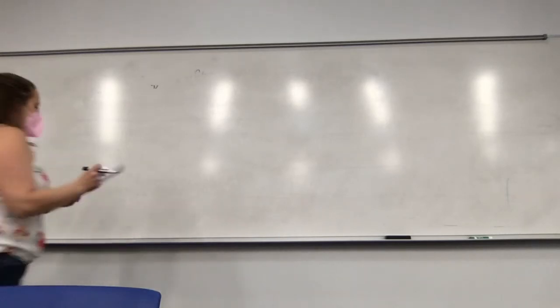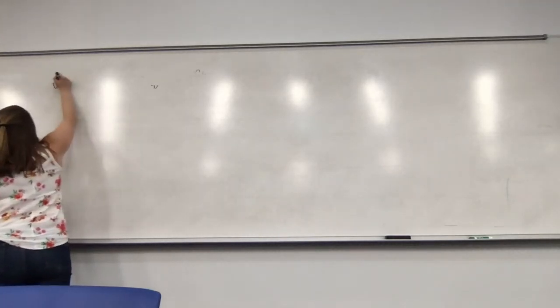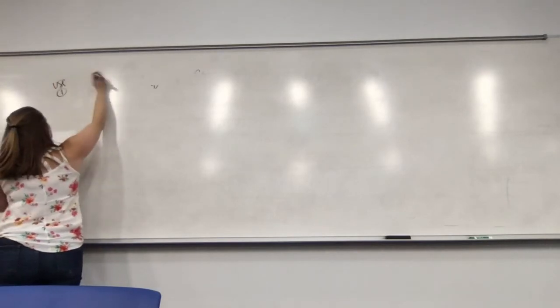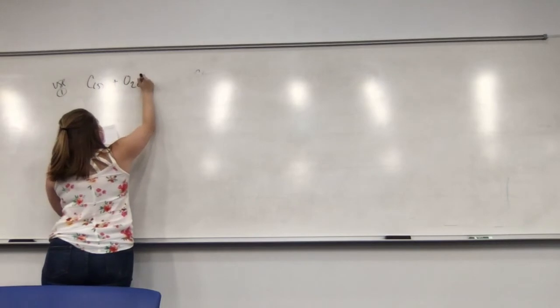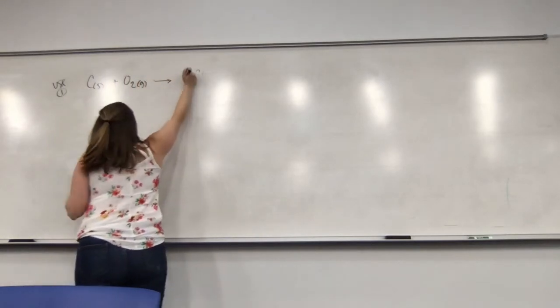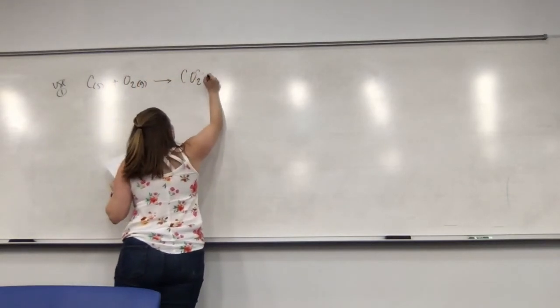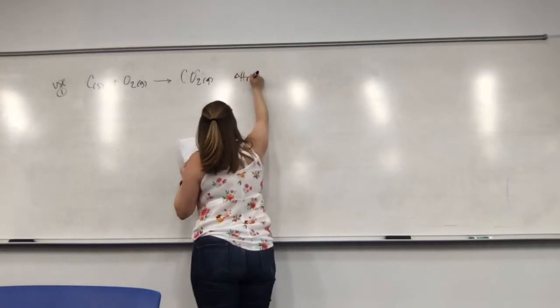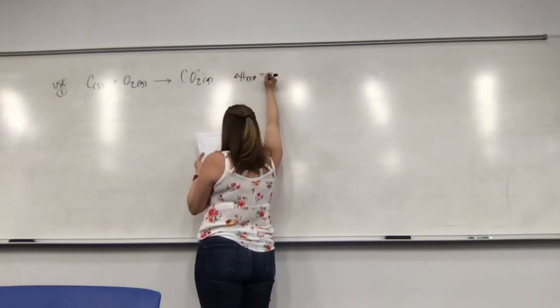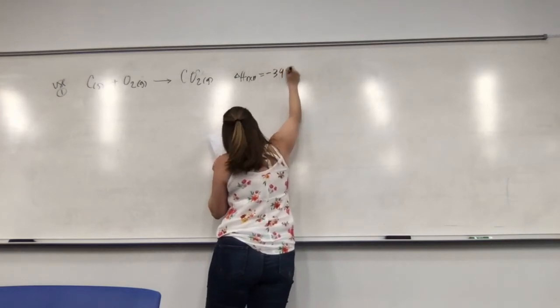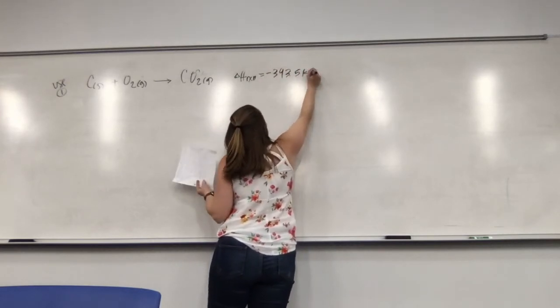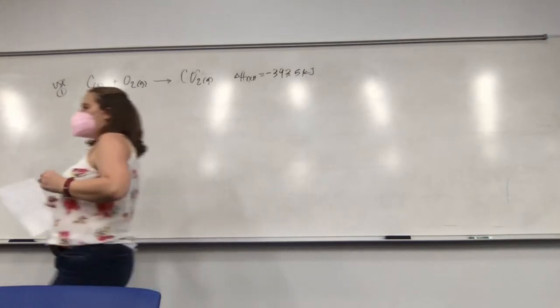So we can leave that equation alone as it is. So we're going to use 1 as is. So we have carbon solid plus O2 gas goes to CO2 gas. And that delta H reaction is negative 393.5 kilojoules.